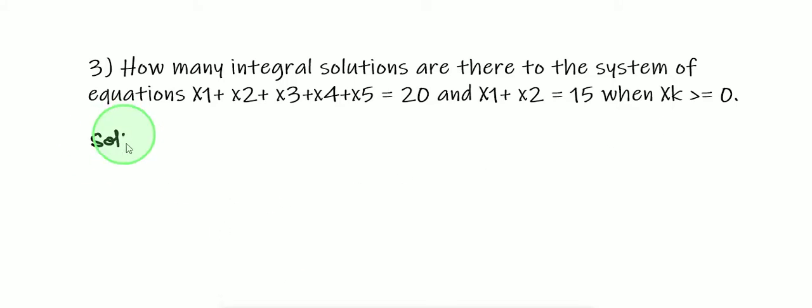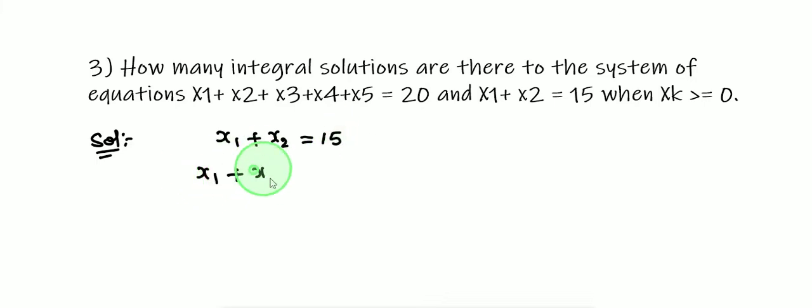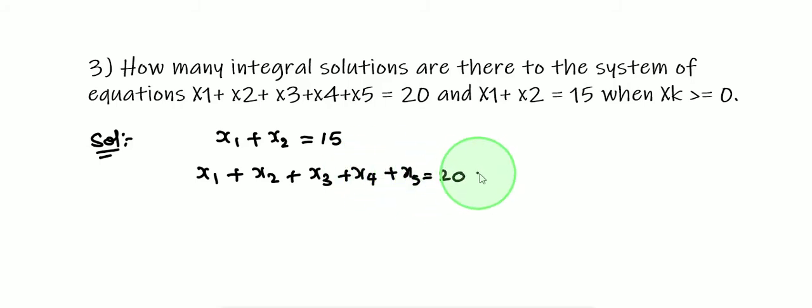First condition, x1 plus x2 is equal to 15. Substituting into x1 plus x2 plus x3 plus x4 plus x5 is equal to 20, that implies x3 plus x4 plus x5, the sum of three parameters, is equal to 5.